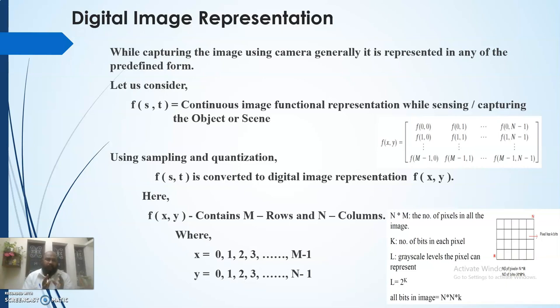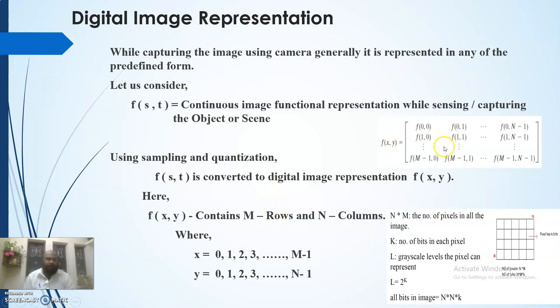So actually it is analog, that is continuous in nature, which is then sampled and quantized, and converted to a digital image f of s comma y, which contains m rows, n columns.